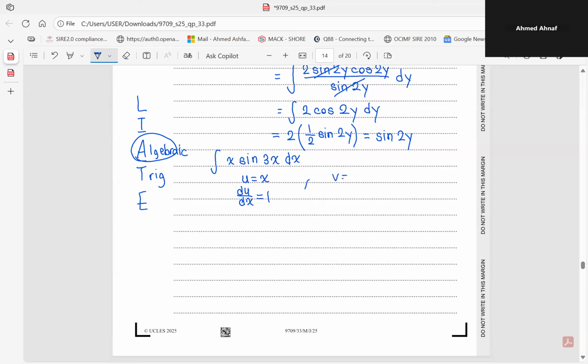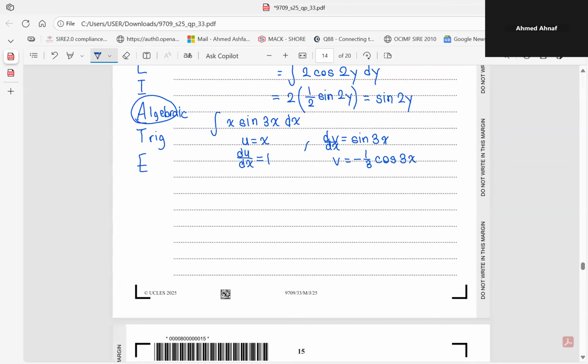And then dv/dx is equal to sine 3x. Hence v would just be minus 1/3 cosine 3x. Again, since the integral of sine x is minus cosine x.